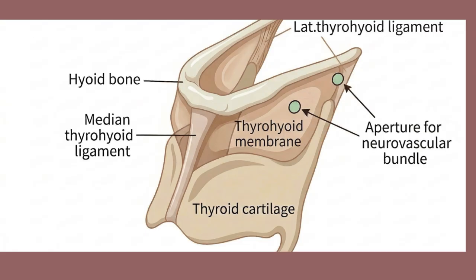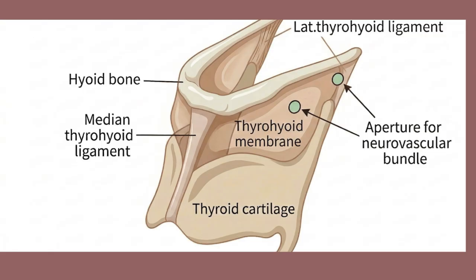The thyroid membrane has an aperture through which the internal laryngeal branch of the superior laryngeal nerve enters the lumen of the larynx and gives sensory supply to the supraglottis part of the larynx.